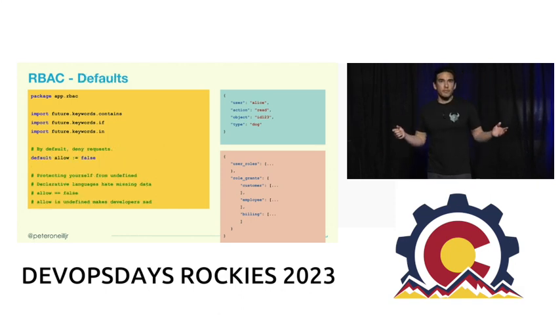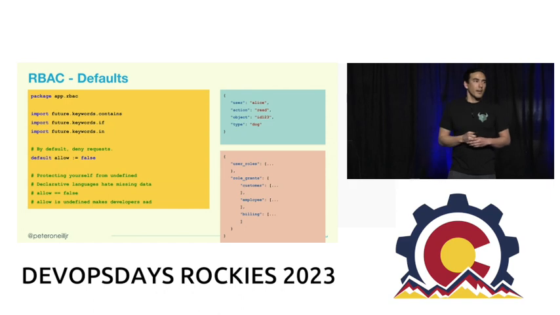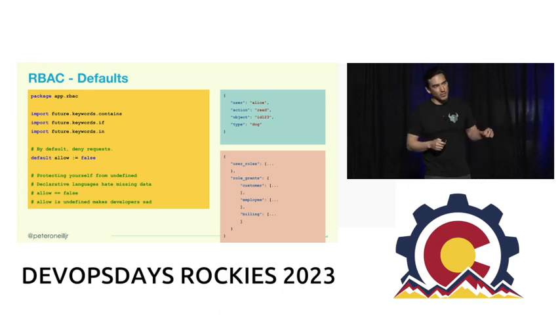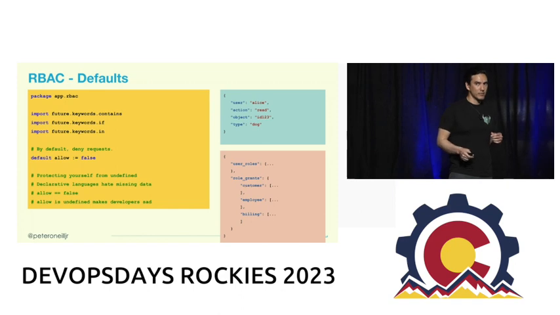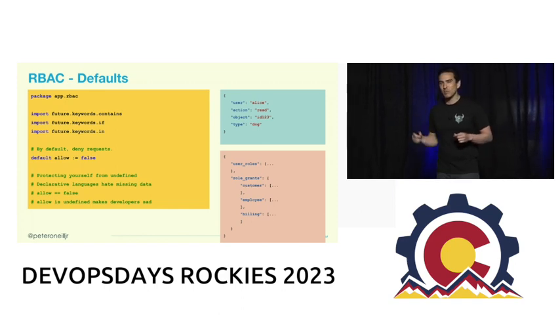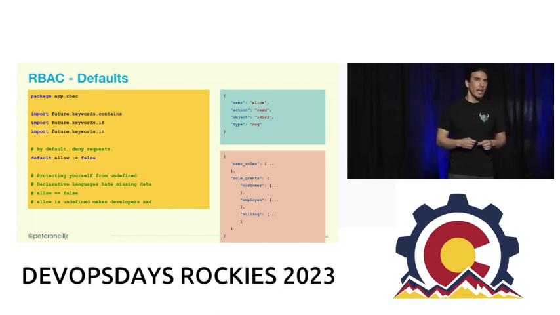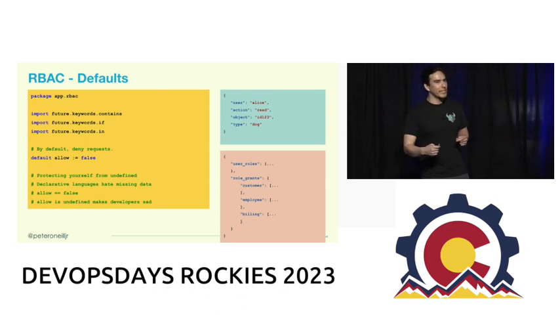And defaults. This is a declarative language, so if you've written anything in Terraform HCL, you know that with a declarative language you're specifying intent. Now we're specifying the intent of what this policy should do and protect. When you are specifying intent, having undefined variables upsets the system.